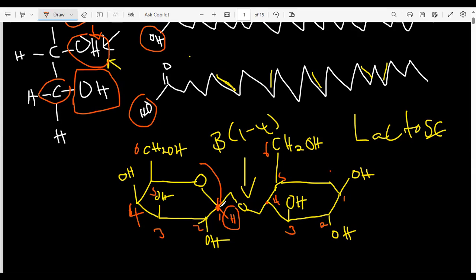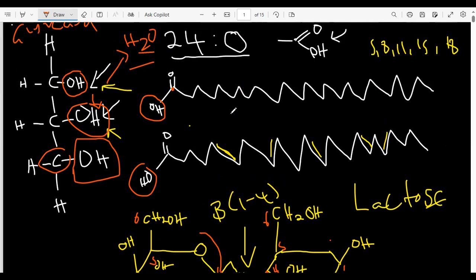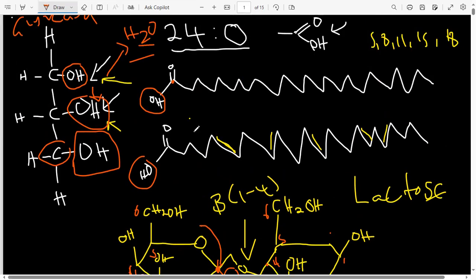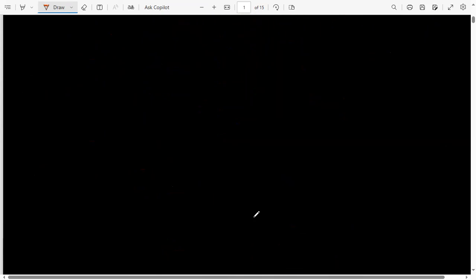Okay, so now let's draw this glycolipid. Okay, so follow through what I'm going to do. So I'm just going to connect this to the first one, this to the second one, and then this disaccharide to the last one. Okay, so let's draw it. Okay, so I'm going to say my glycerol will be here.